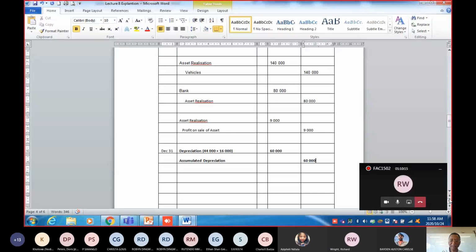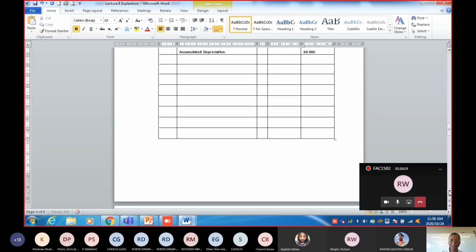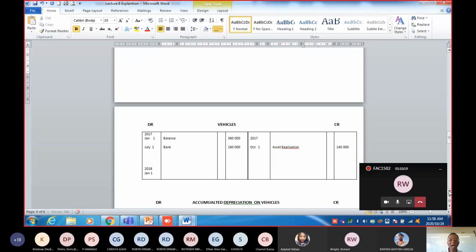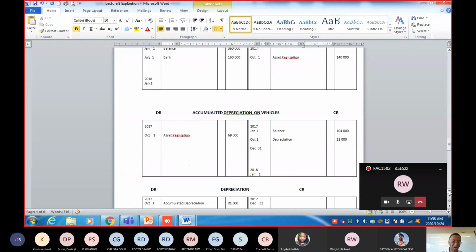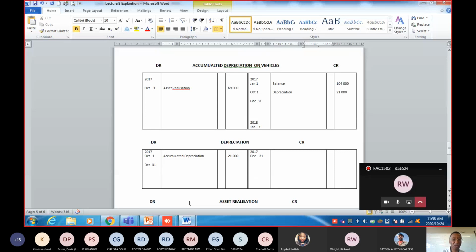If I take that information now to my ledger, I will debit my depreciation account on the 31st of August now with depreciation. And the depreciation expense at the end of the year is 80,000 Rand.